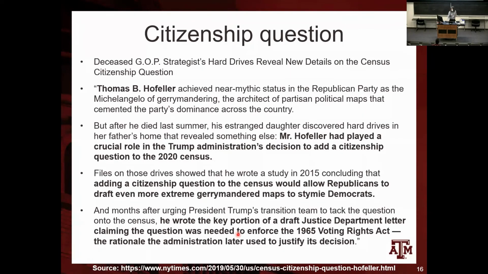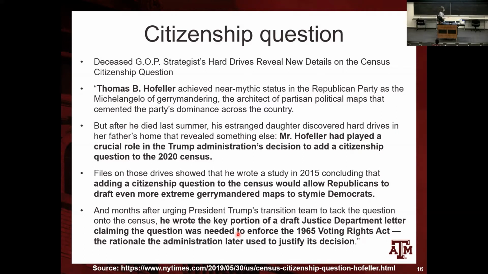So the Trump administration's reasoning for adding this question was that they want to count the number of people who are actually going to be able to vote. They are citizens, and they should be the ones taken into account for the House of Representatives. And people were denouncing them.